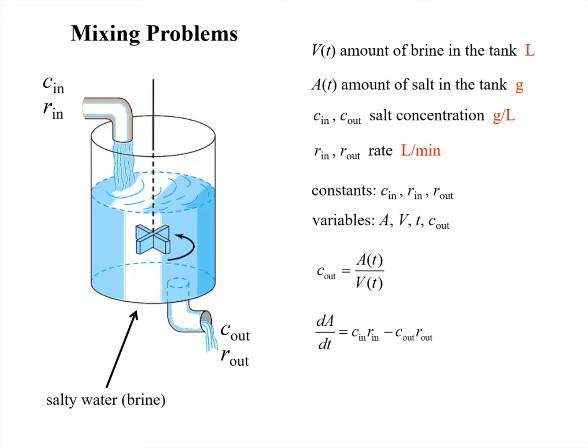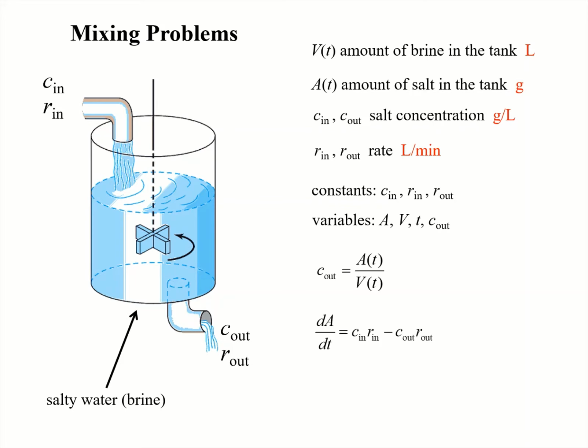Now, dA/dt, the change of the amount of salt with respect to time, is C in R in minus C out R out. And you can check the units: C in is grams per liter, multiplied by R in, which is liters per minute. The liters cancel, and you end up with grams per minute.